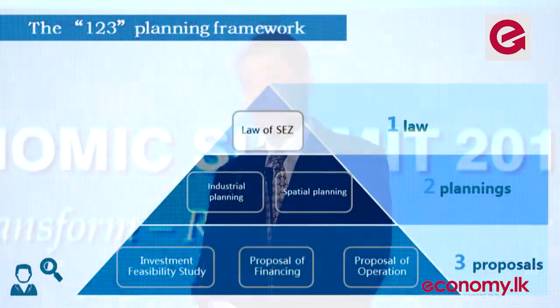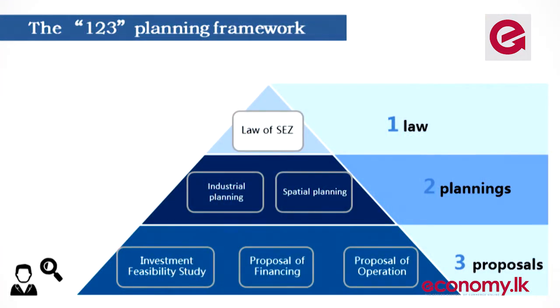It can be summarized as the 1, 2, 3 SEZ model, including 1 law, 2 plans, and 3 proposals. 1 law is the Special Economic Zone Act. 2 plans are SEZ industry planning and spatial planning. 3 proposals are the proposal of SEZ investment feasibility study, the proposal of SEZ finance, and the last proposal is SEZ operation.